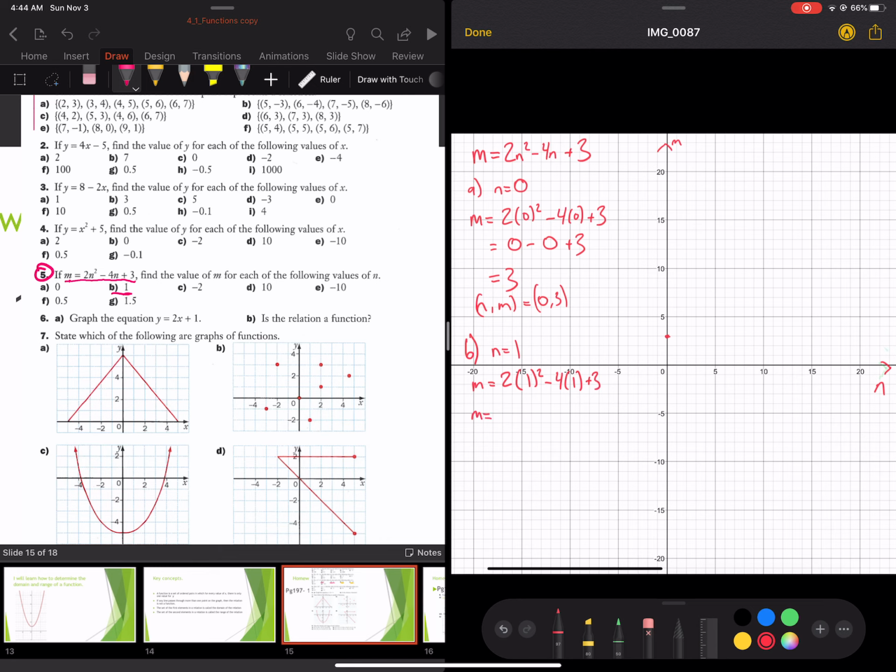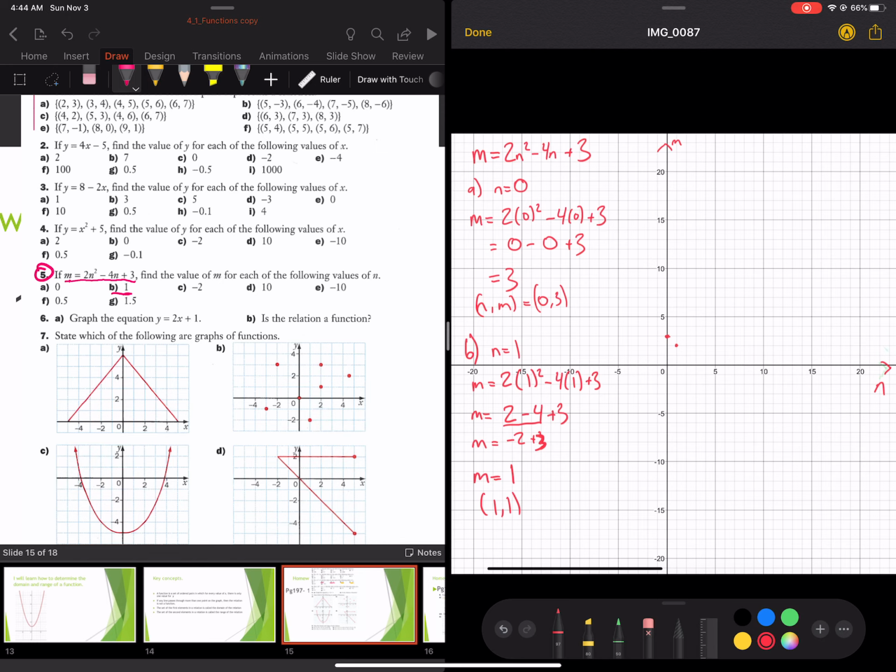M equals 2 minus 4 plus 3. 2 minus 4 becomes minus 2, plus 3. M equals 1. So we have our point, 1, 1. Odd.